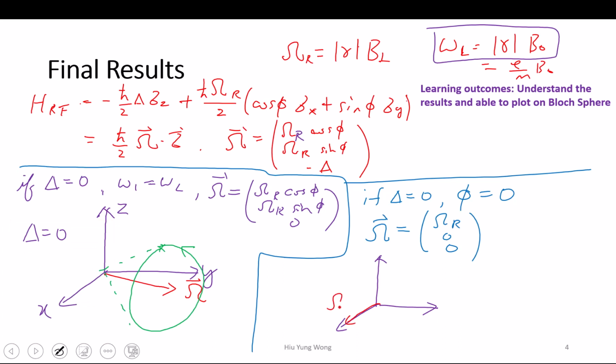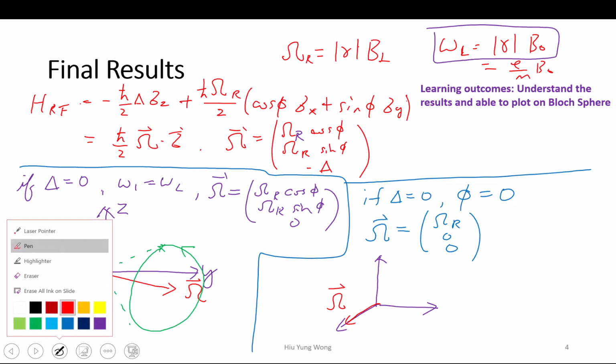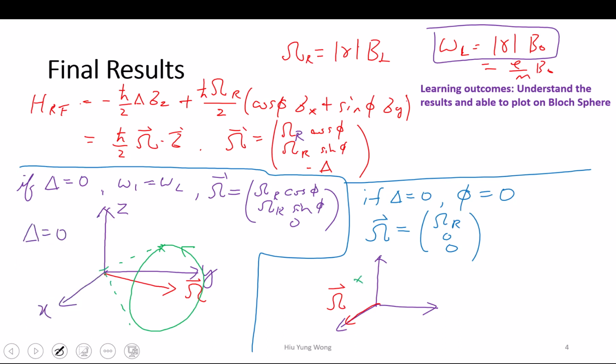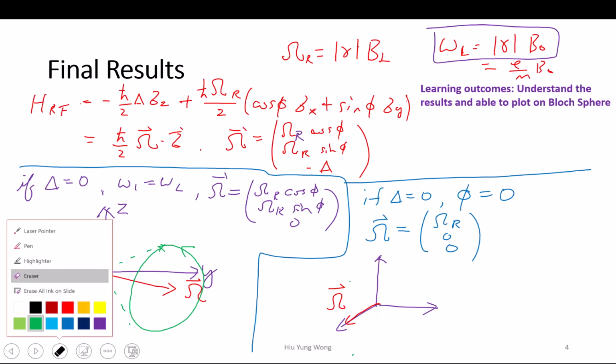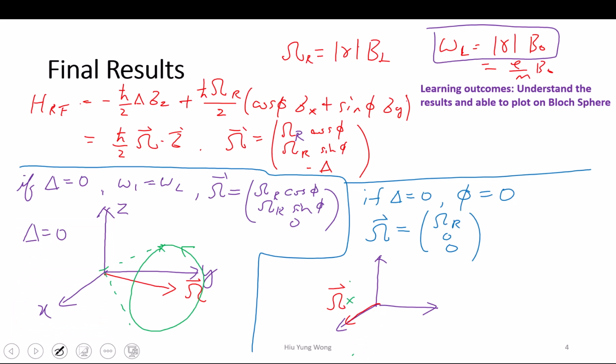This is the omega vector, right? Again, we are in the rotating frame. Then if you have a qubit, for example, here, then it's going to rotate about this omega. I don't know if you can see that. Maybe I should redraw it with a smaller circle. Like I have a qubit.